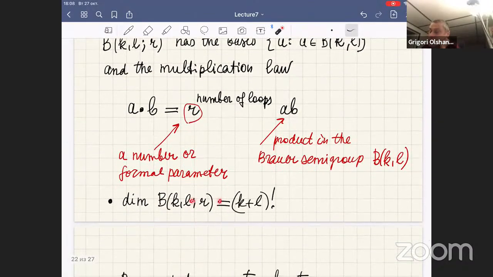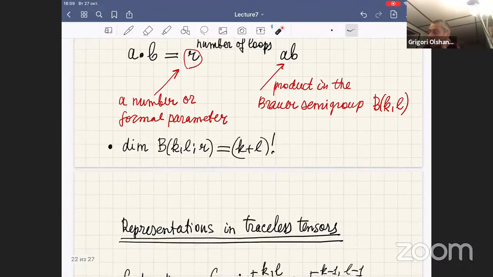From the trick which I explained with switching of the black nodes, it follows that the dimension is the same as the dimension of a symmetric group, so (k plus L) factorial. So this is a finite dimensional algebra, and it's a very interesting object. There are a lot of works about the structure of this algebra, its representations, the question of when this algebra is semi-simple, but sometimes it may not be semi-simple, and so on.